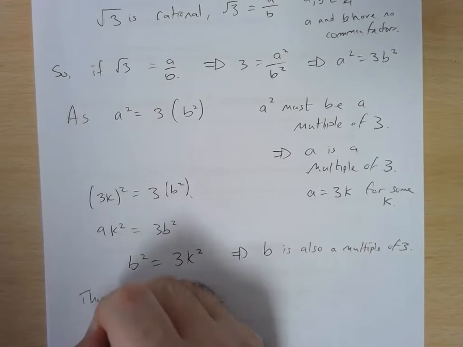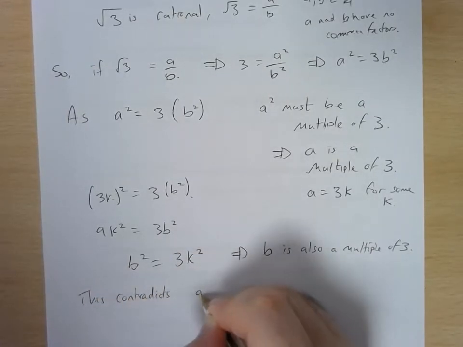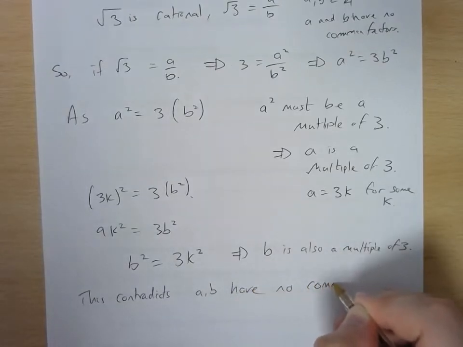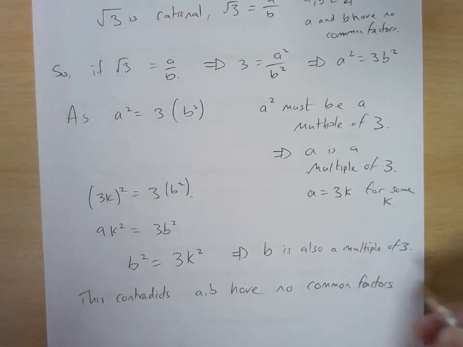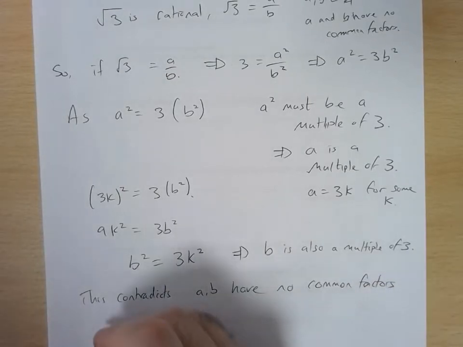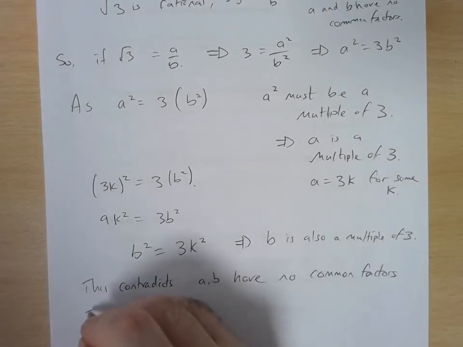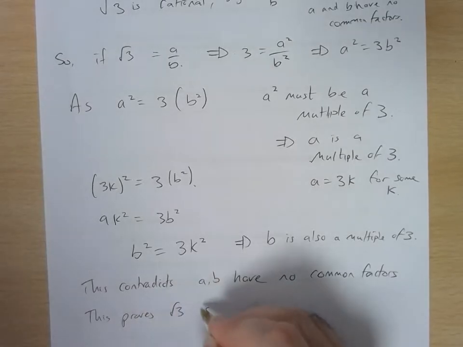This contradicts a, b have no common factors. So we now have a conclusion. So this proves root 3 is irrational.